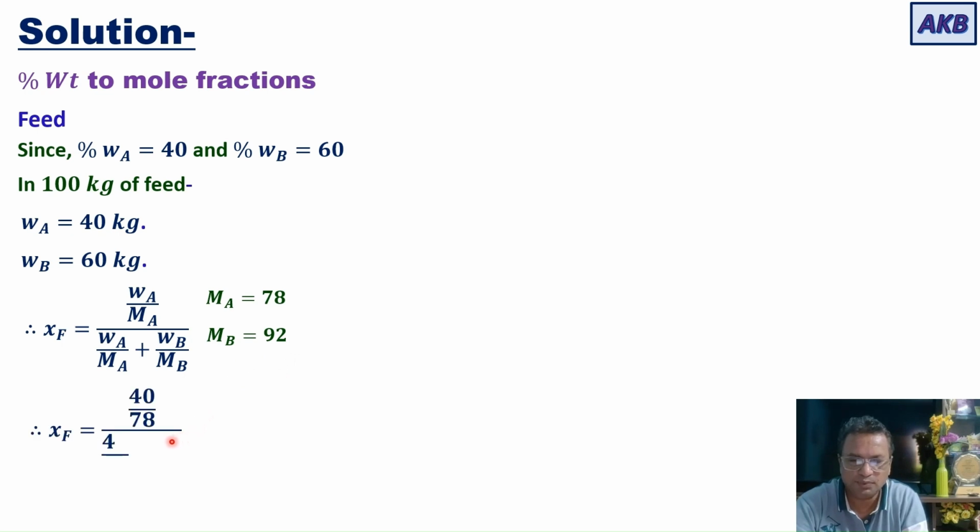So if you put all the known values, XF will be 40 upon 78 divided by 40 upon 78 plus 60 upon 92, which gives us XF as 0.44. Okay, so for a feed solution which has 40 weight percent of A, the mole fraction of A would be 0.44.